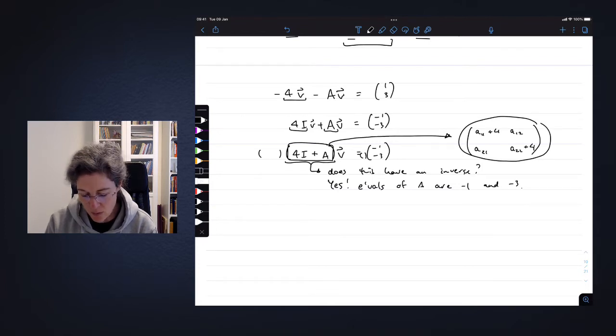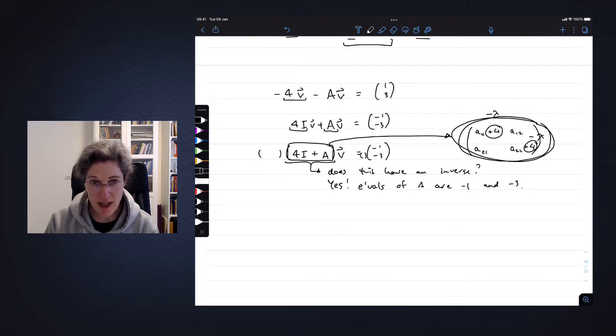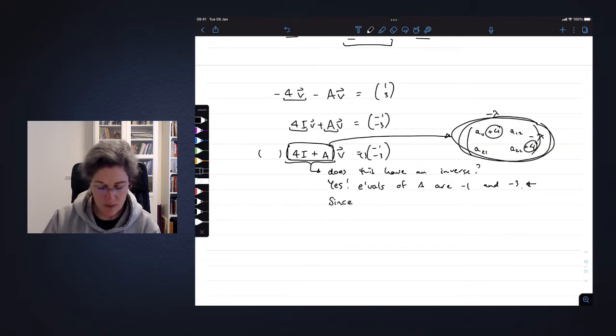It would mean minus 4 is an eigenvalue of A itself, because we'd be thinking of this as our minus lambda. So if it were not invertible, we would have to have minus 4 as an eigenvalue of A, but we know that it's not. We just worked out magically using MATLAB what the eigenvalues were, and minus 4 wasn't one of them.